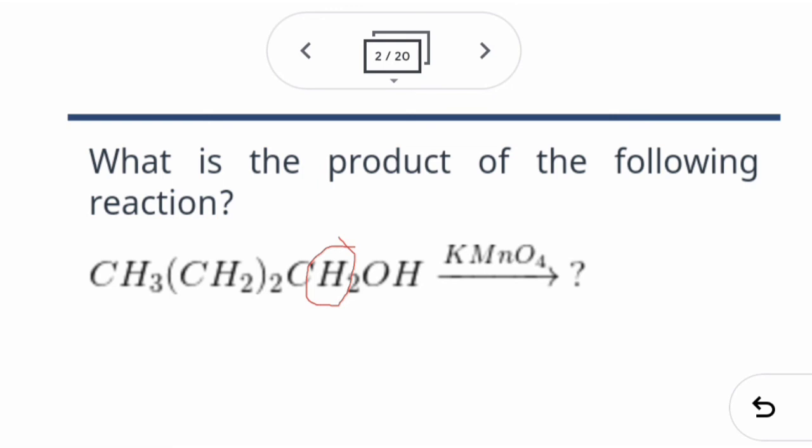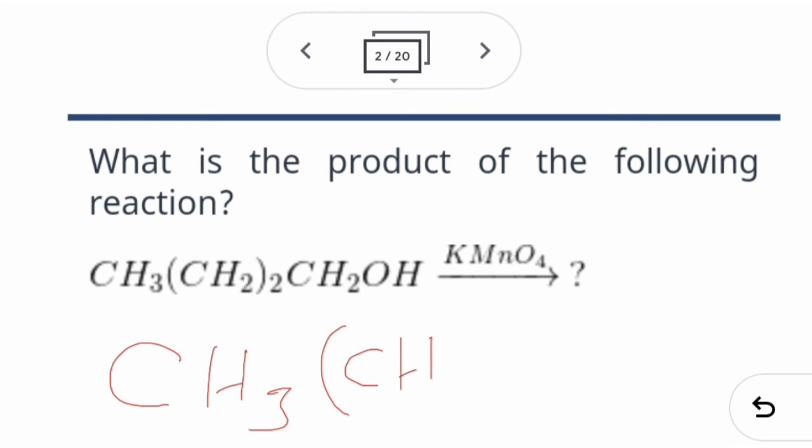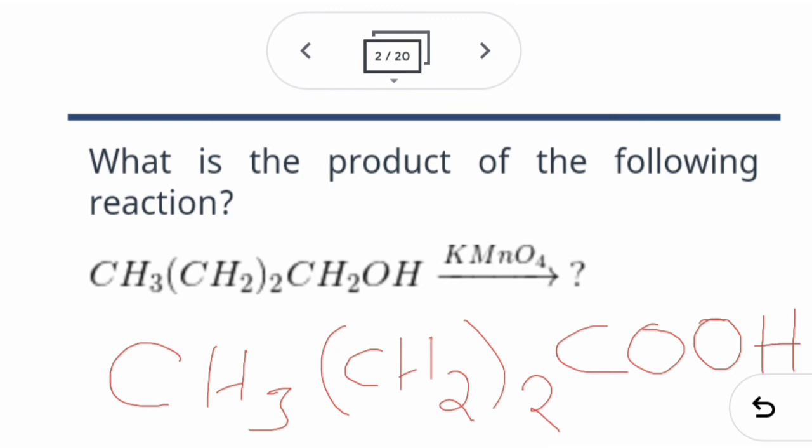So our product is going to be CH3, then CH2, two CH2 groups, then we can write this carbon with two oxygen atoms. So this is the answer for this particular reaction.